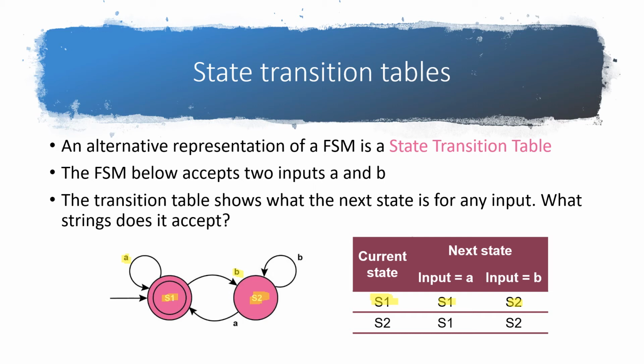Then the second one is if we're on S2 and we've got an input of an A, we're going to move to S1. So that is accurate. And if we're on S2 and we've got an input of a B, then we're going to stay on S2. So that is how we could create a state transition table.